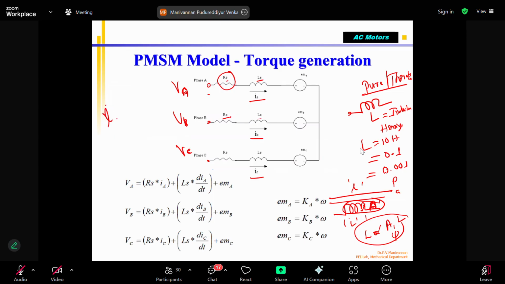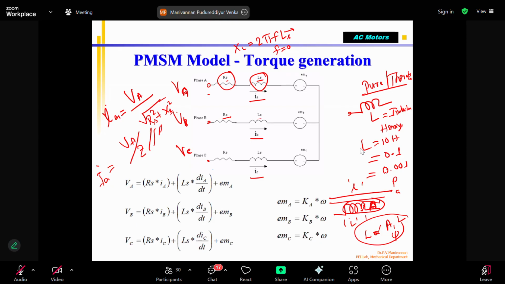You can say that current IA equals VA divided by root of Rs square plus XL square, where XL equals 2 pi F Ls, where F is the frequency of supply and Ls is the inductance. This can be called Z. I can write IA equal to VA divided by Z, where Z equals root of Rs square plus X square.